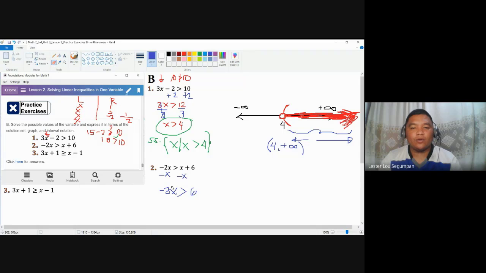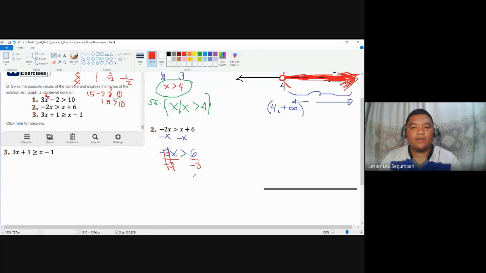Take note that it could only be changed if it's multiplication or division by a negative value, which is actually in this next step. We will divide both sides by -3 to remove that. Divide also -3 here. So the final result, that's x, here -2, and this should be the right time to interchange it.